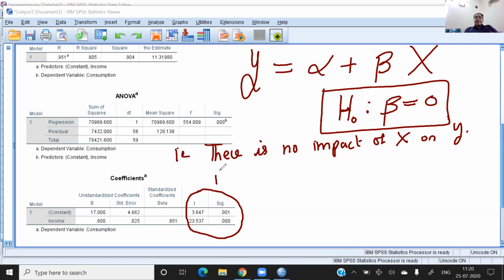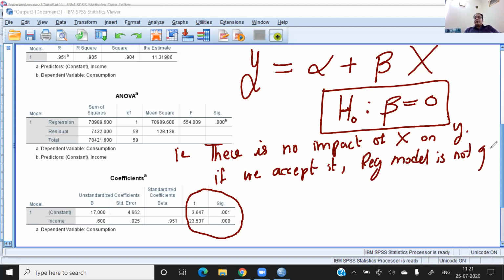Now, if we accept the null hypothesis, what happens? It means the regression model is not good, right? So what do we require to reject this hypothesis? For the rejection, we apply a t-test, which is equal to beta minus 0 upon the standard error.